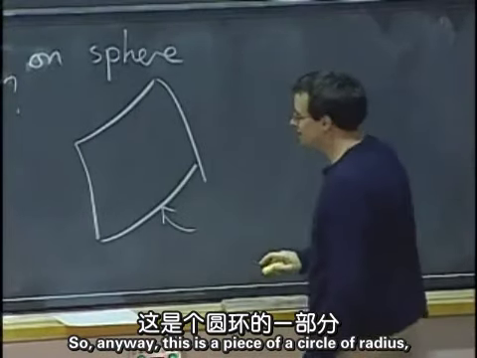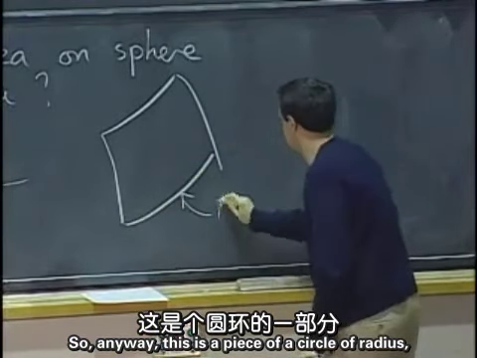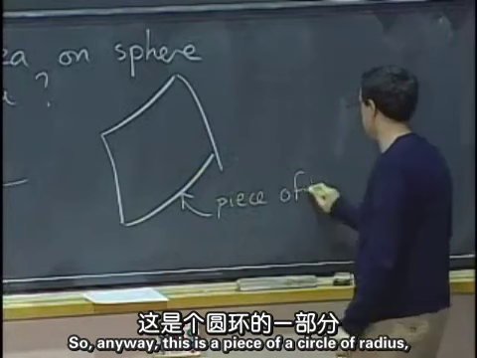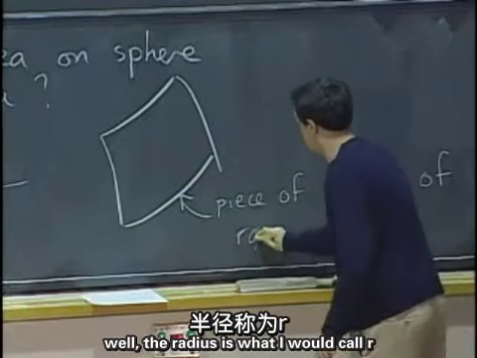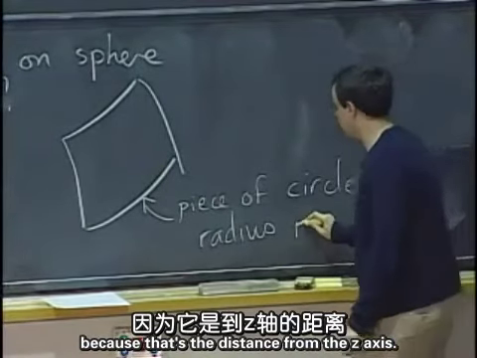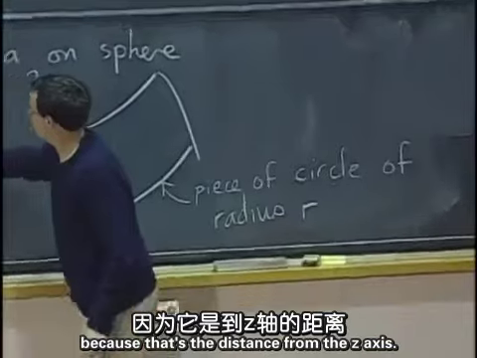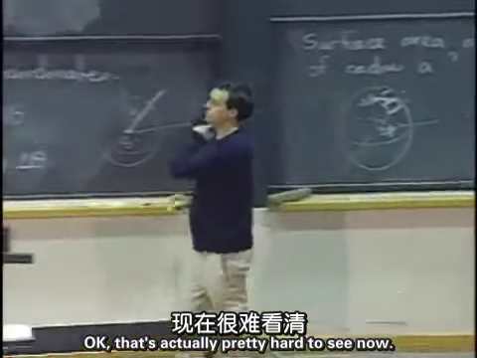Anyway, this is a piece of a circle of radius, well, the radius is what I would call r, because that's the distance from the z-axis. That's actually pretty hard to see now.